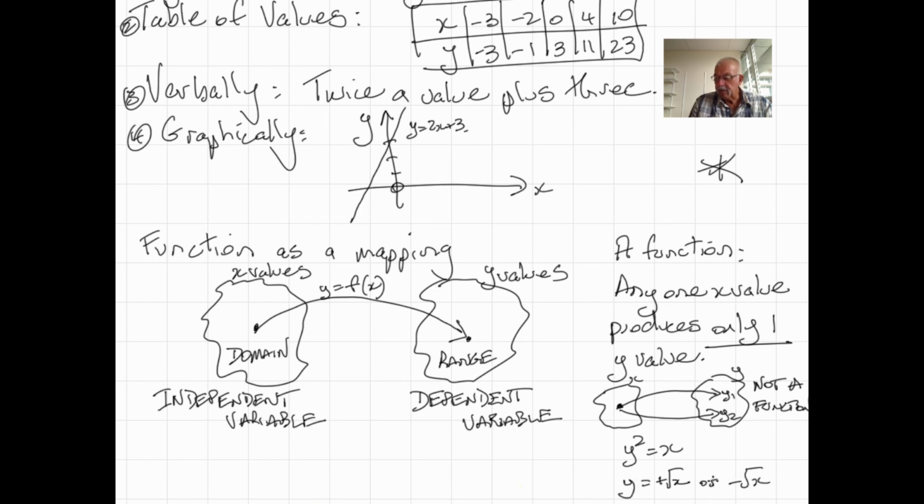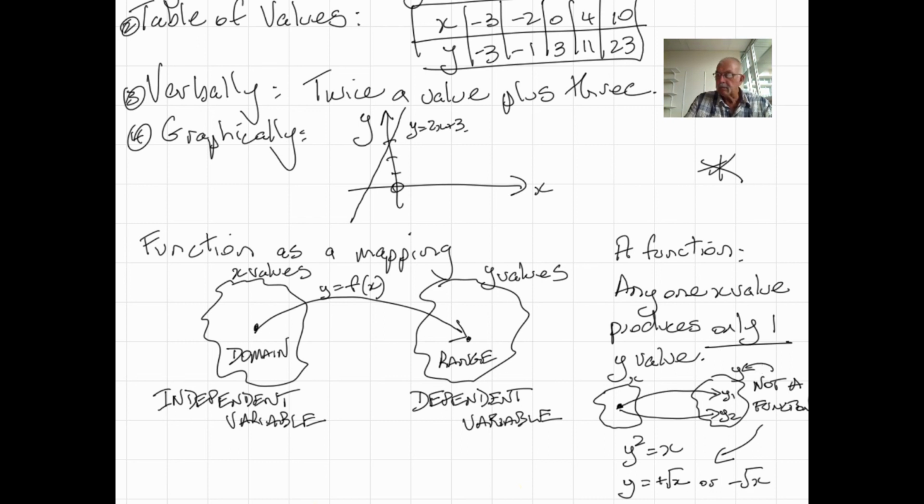So given x is equal to 9, we get two y values. We get plus 3 or minus 3, because the square root of 9 is 3. So given x is equal to 9, we get two y values, so this is not a function.